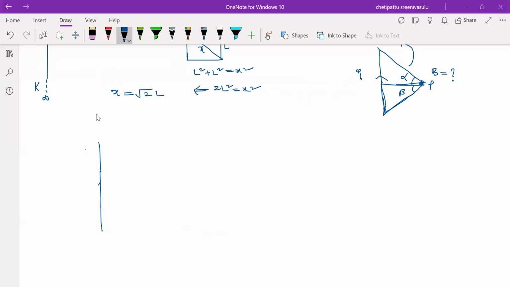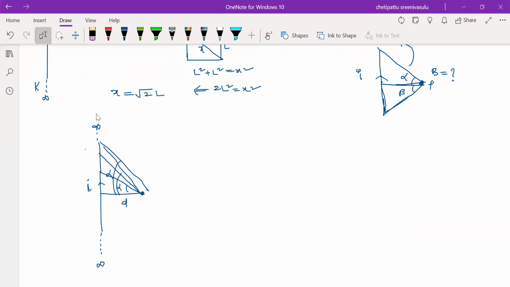This is an infinite conductor, I current is positive. This side is infinity, this side is infinity. So at a distance d, what will happen to the alpha and beta values? Generally we are taking this as alpha.